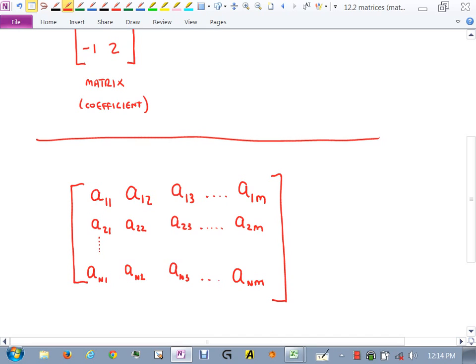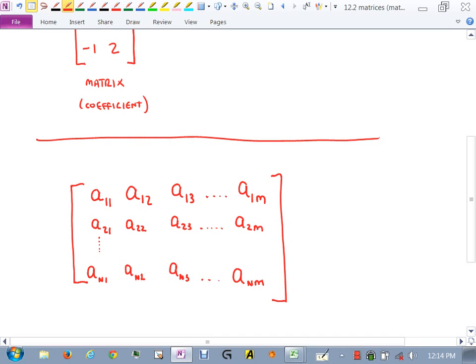The first number you see here, this is not 11, this is not 12, this is not 13. What this means is the first number is the what? The row you're in. The second number is the column that you were in. Okay? So A23 is the number that's in the second row, third column.